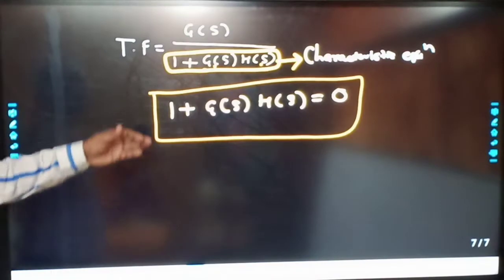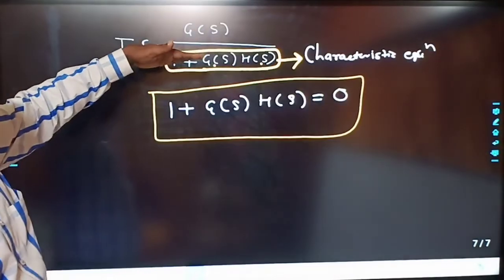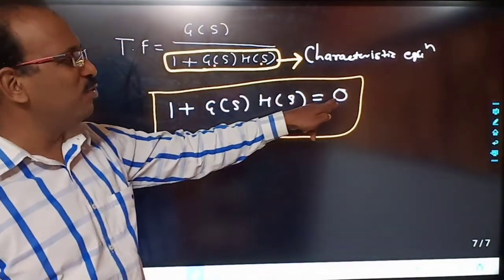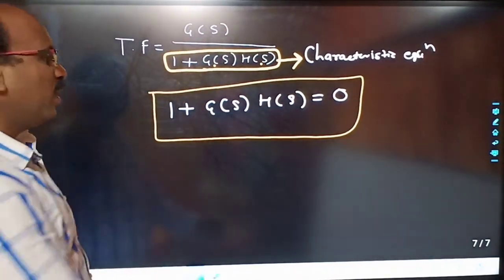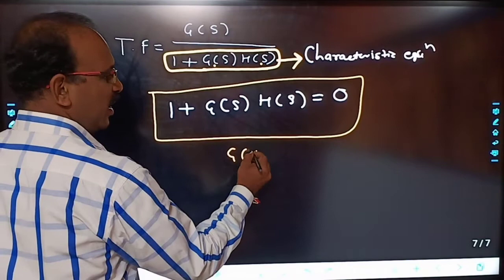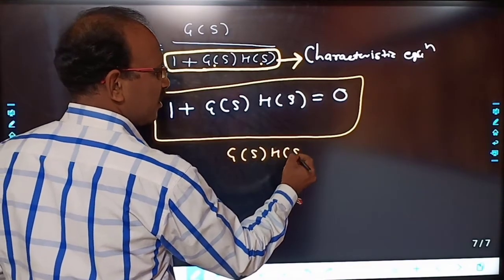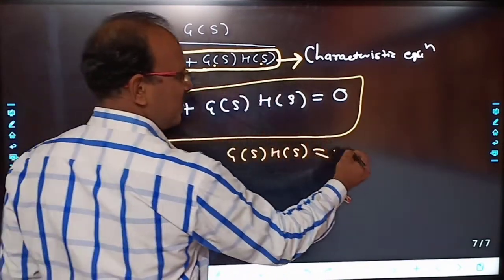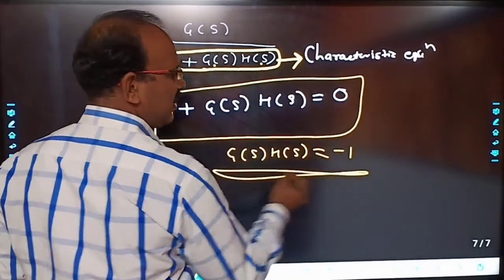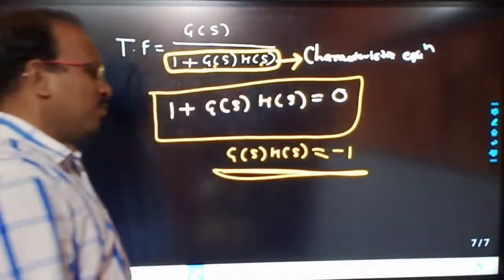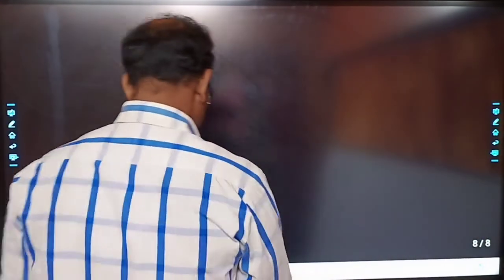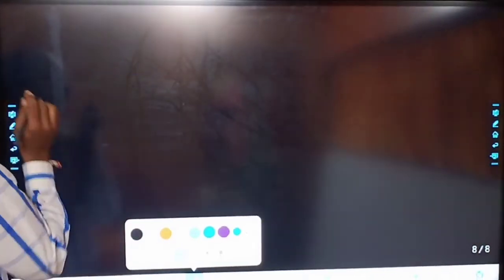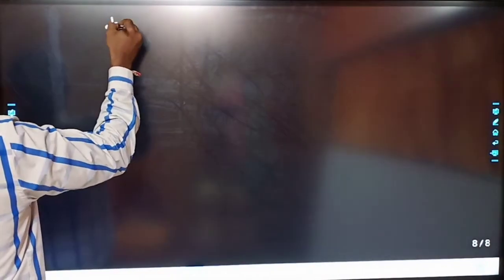So for any system, if I consider numerator and denominator, and I make the denominator equal to 0, that is called the characteristic equation. This is g of s, h of s equals minus 1; this also we can present. So this is something related to the characteristic equation. Now, can you find the characteristic equation and the roots of the characteristic equation?